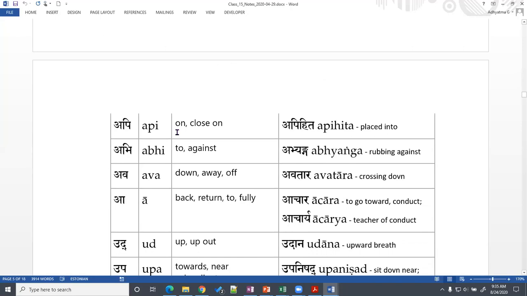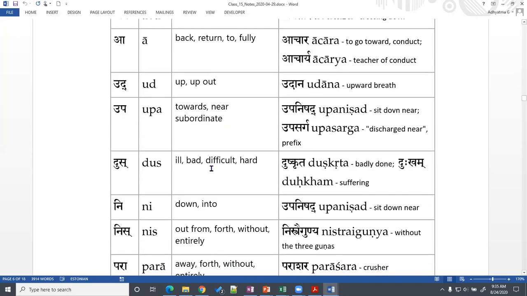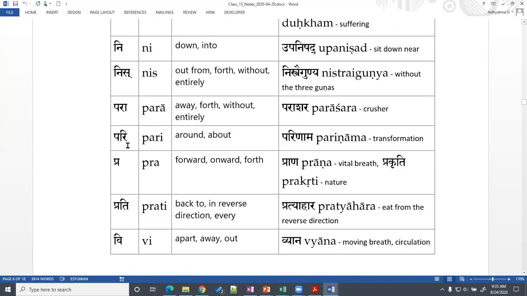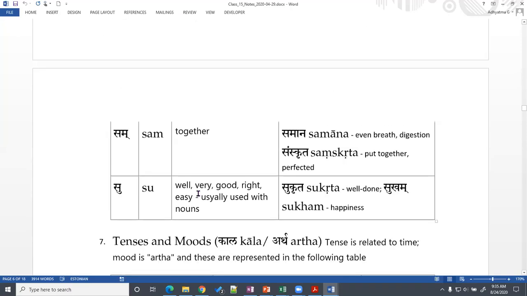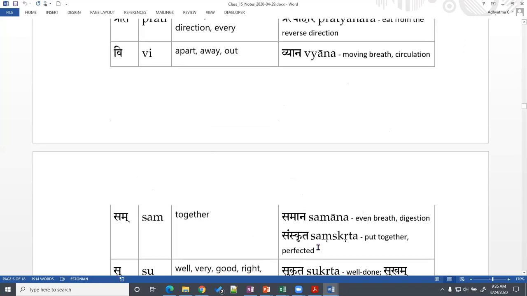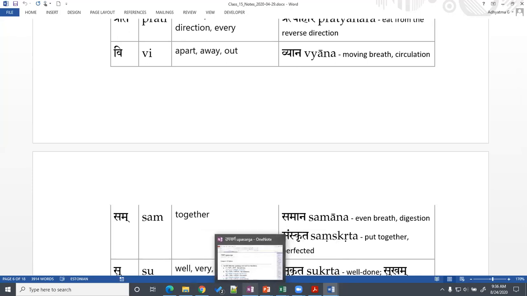Last time we discussed it from Thomas Eugene's book. That's where it has been taken, and you can look at this list. You can understand the meaning and see how do they apply to different verbs to change the meaning of the verb. So prefix are very important thing in Sanskrit, very commonly encountered.